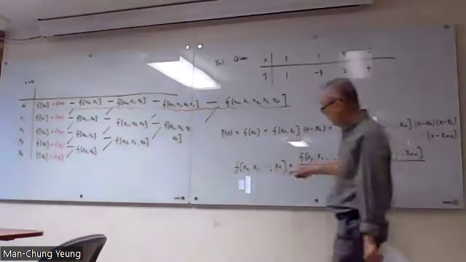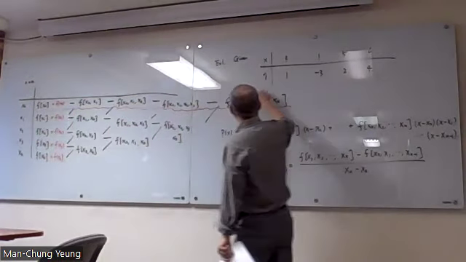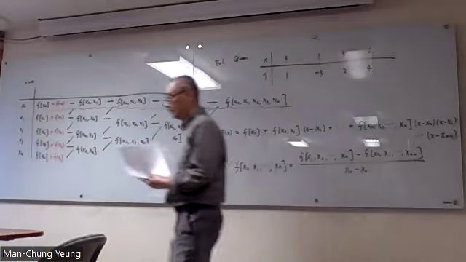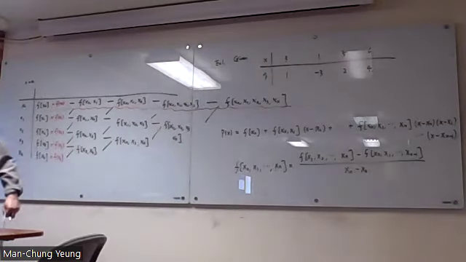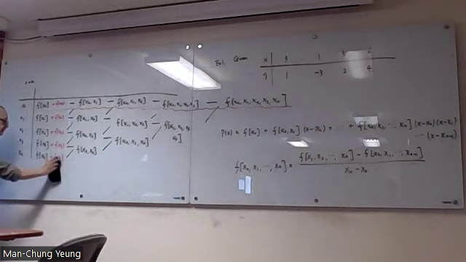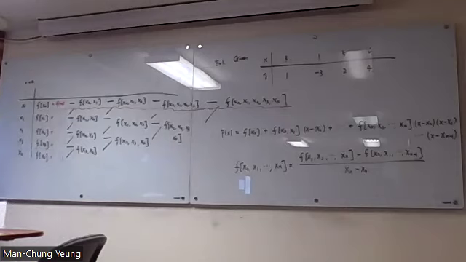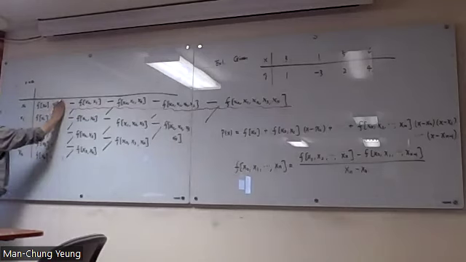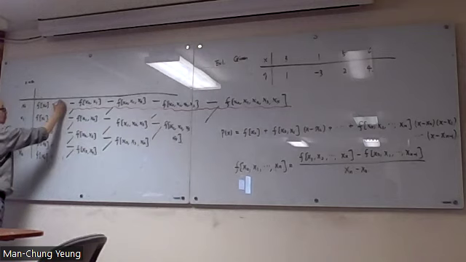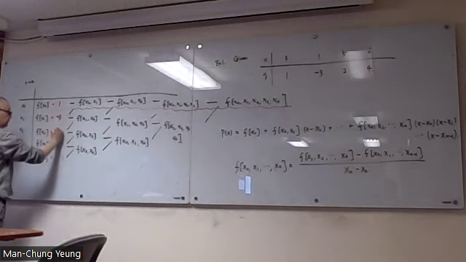Now, the second column is the function values. Here we just put the function values: 1, negative 3, 2.